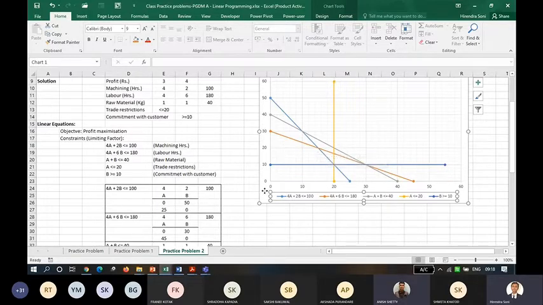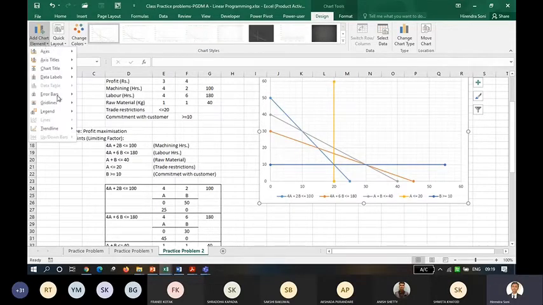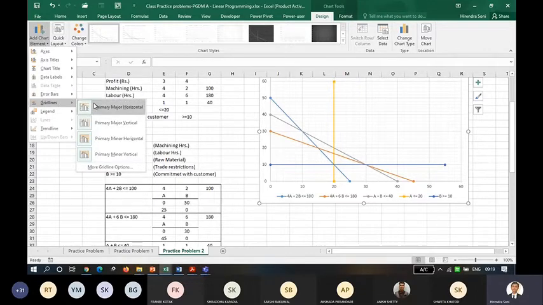Can you repeat what you did? See, I have added minor grid lines from this button, or the other way is you can add it from Design. Add chart element, go to grid lines, and choose primary minor horizontal and vertical, both.